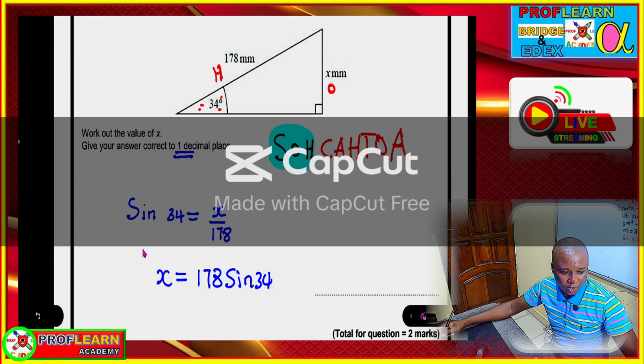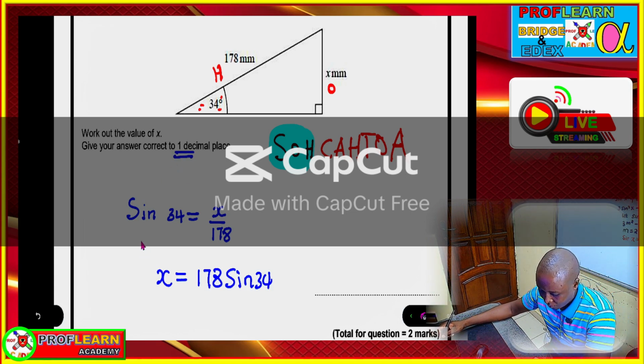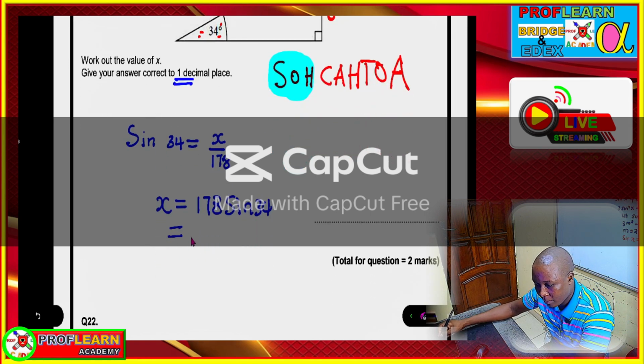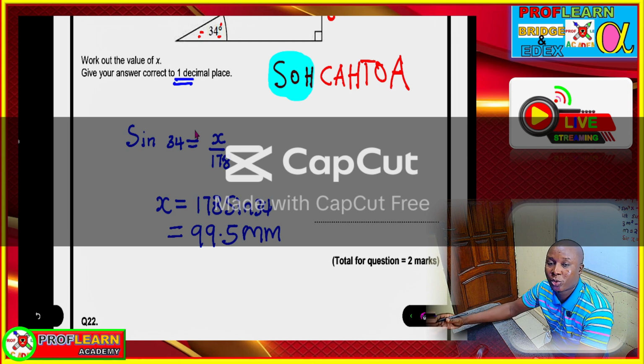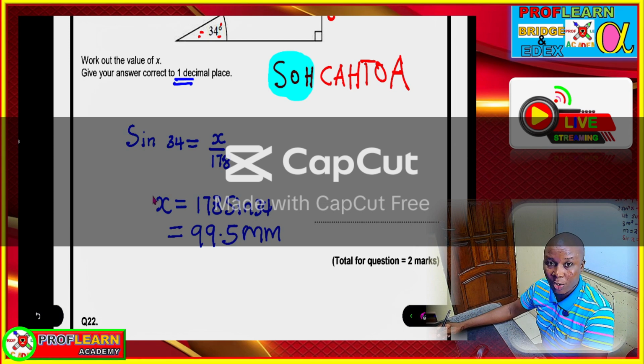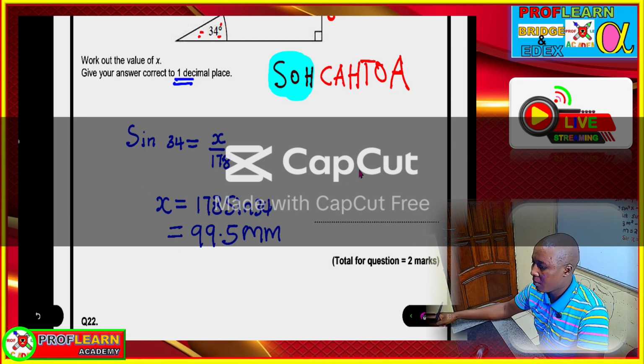Then correct to 1 decimal place, what are we going to have in this case? The answer is going to be 99.5. So you have to ensure you follow the instructions. If you are told to a given accuracy, you have to stick to that so that you earn all the marks. Otherwise, if you write a different value, you're going to miss the final accuracy mark.